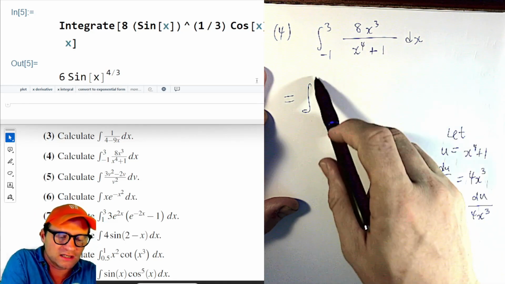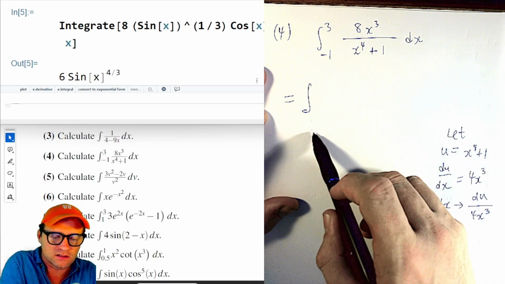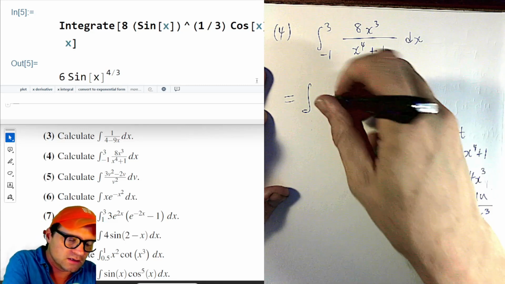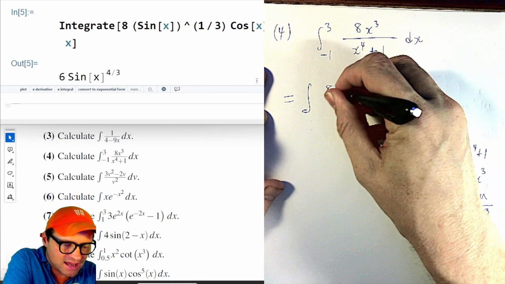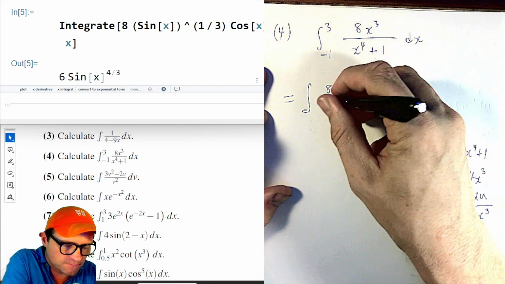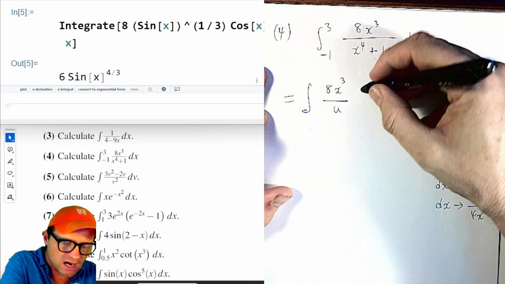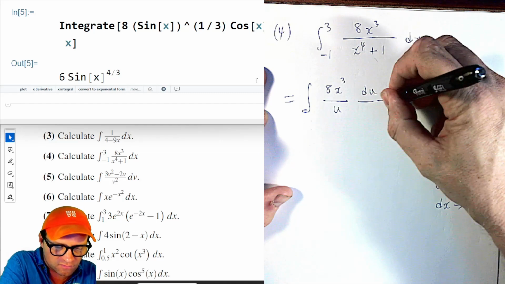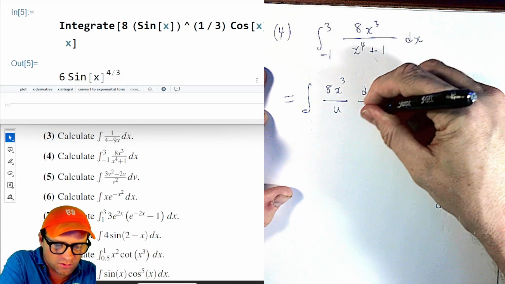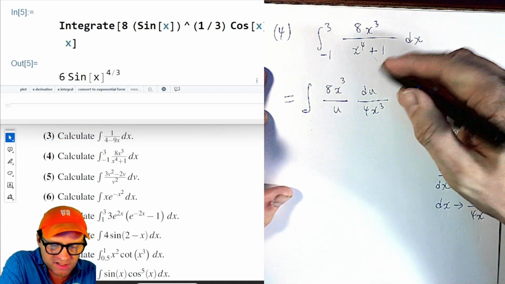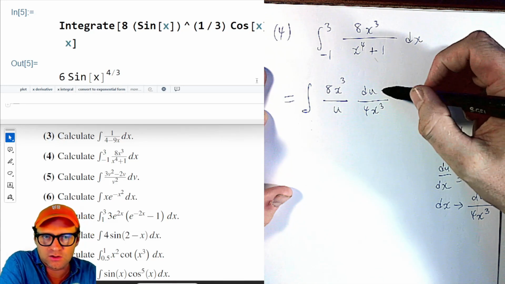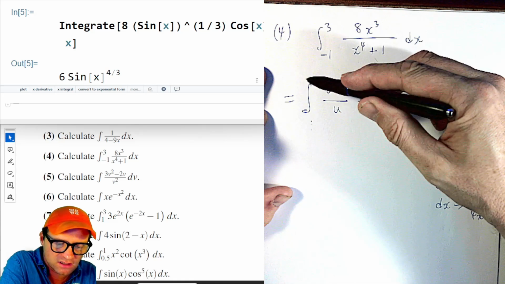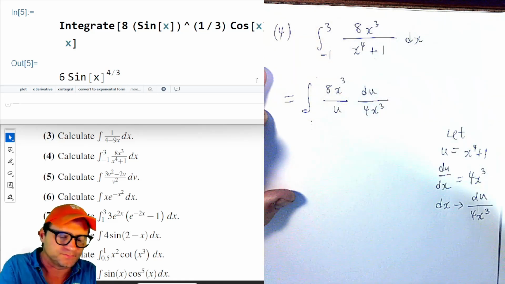Now I'll start by leaving off these numbers, right? Because I'm going to make a substitution here. So we have 8x to the power of 3 over u, and then with respect to u, replacing the dx with du over 4x cubed. But now it's with respect to u, and so as soon as I do that, I need to change these bounds of integration here.